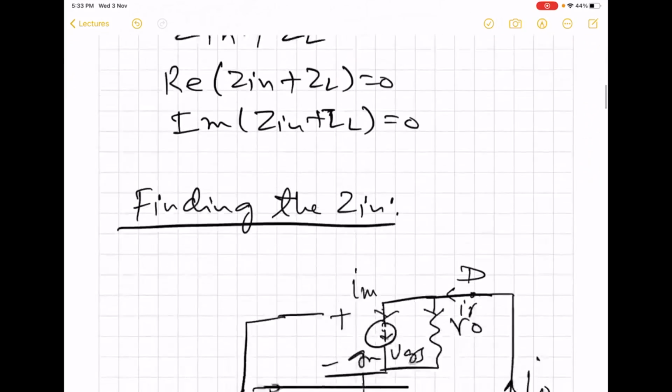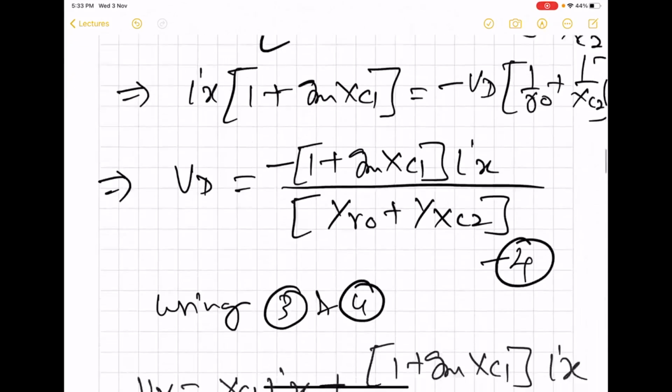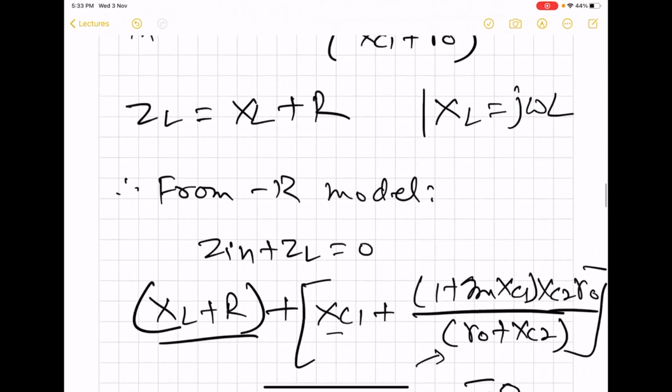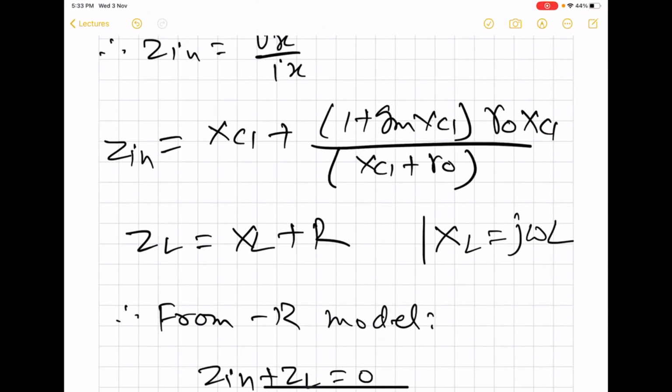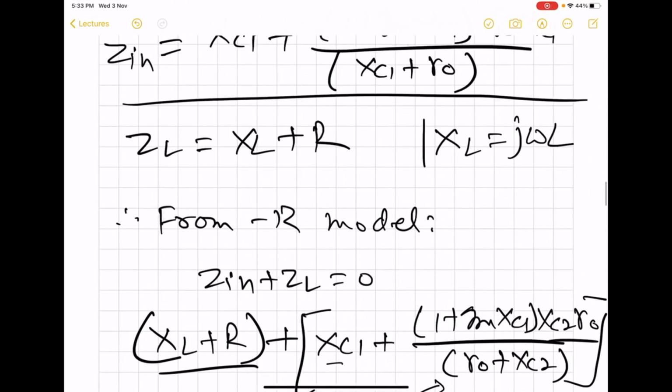So we can try to see whether this is the case. For that, we can find out the exact expression of the Zin by substituting these values of XC1 into this and separating out the real and imaginary part.